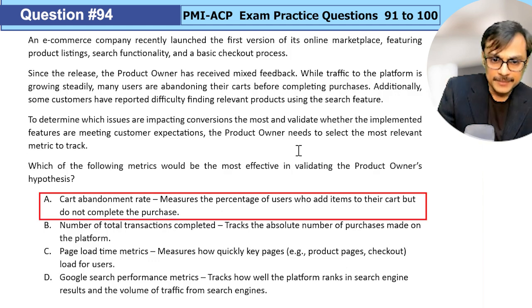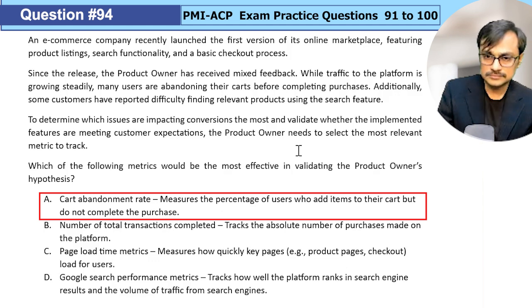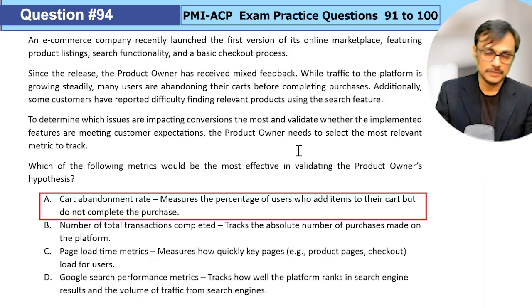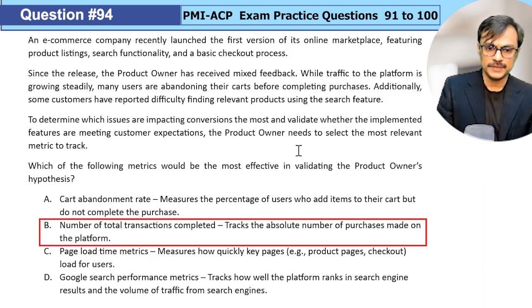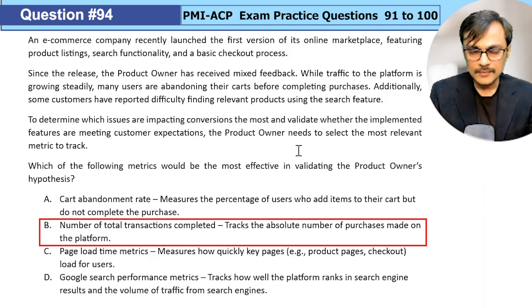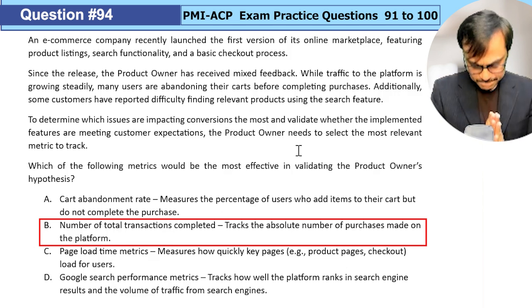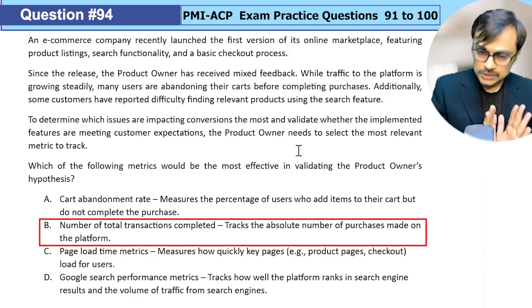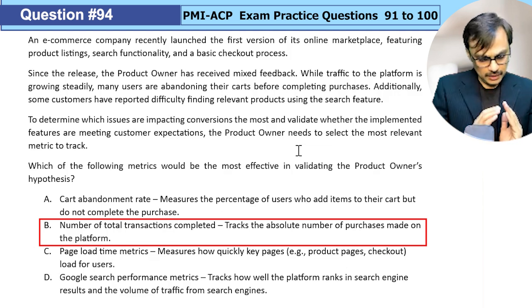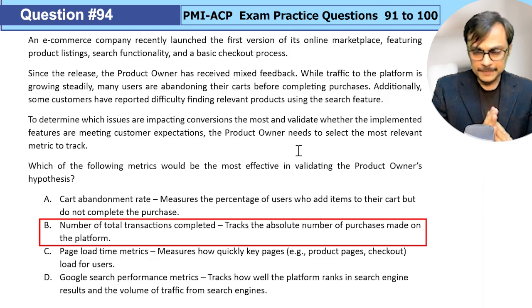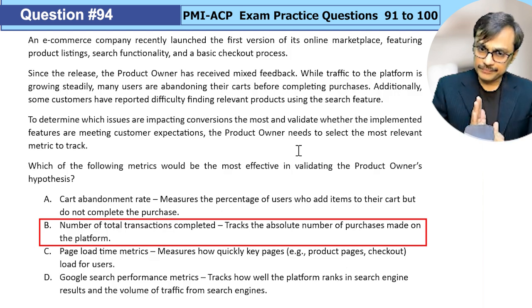Option A, cart abandonment rate, measure the percentage of users who added the item in the cart but do not complete the purchase. A good metric, which is coming from the end user perspective. Option B, number of total transactions completed, track the absolute number of purchases made on the platform. Purchase is a good metric, sales is a good metric, no doubt about it. But the problem is people are dropping in between.